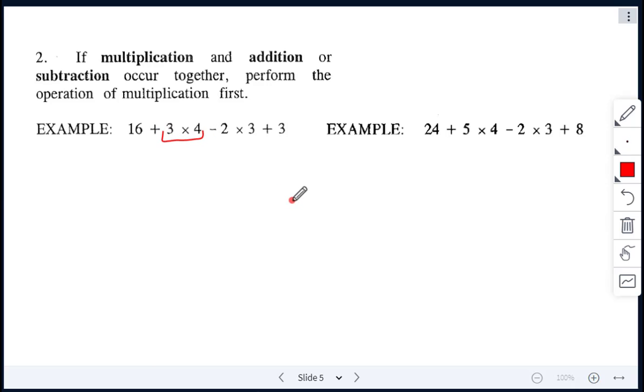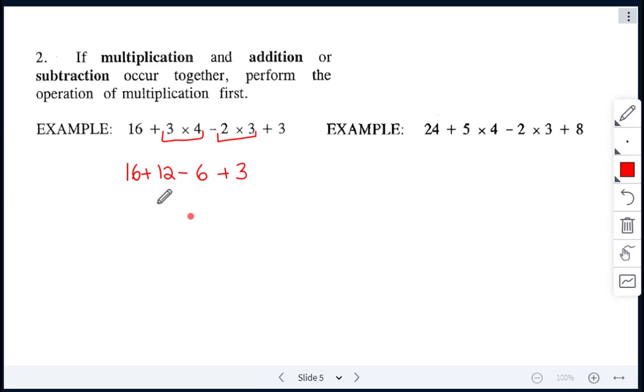I can see I also have multiplication here. So I can do both of those. Remember to bring down what we're not working with. So we have 16 plus 3 times 4 is 12. So I've finished with the 3 times 4. Next I have minus 2 times 3, which is 6. And then I still have the plus 3.